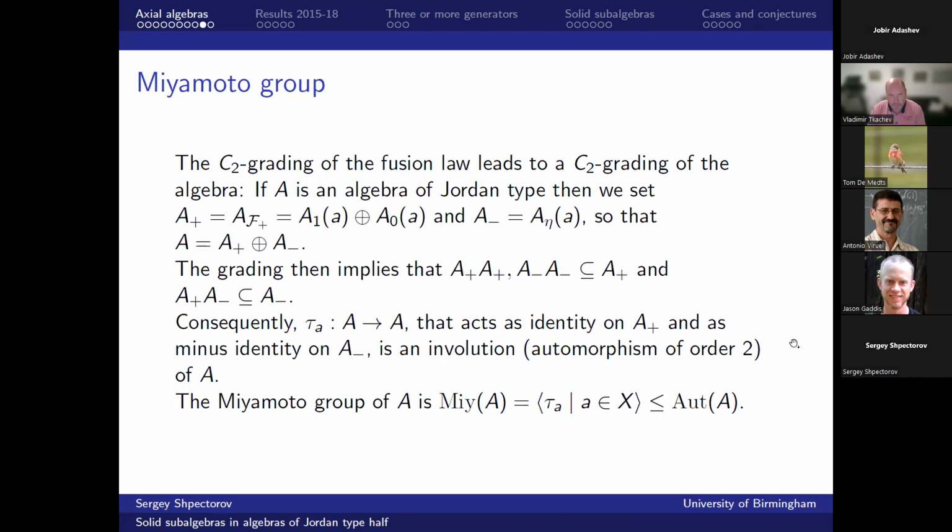And because it is graded, we have an element of order 2, an involution, which corresponds to every axis. It acts as identity on the even part and as minus identity on the odd part. And so the grading of the fusion law results in the grading of the algebra, and this leads to an automorphism of the algebra. Okay, and the Miyamoto group is just the group that is generated by all such Miyamoto involutions.